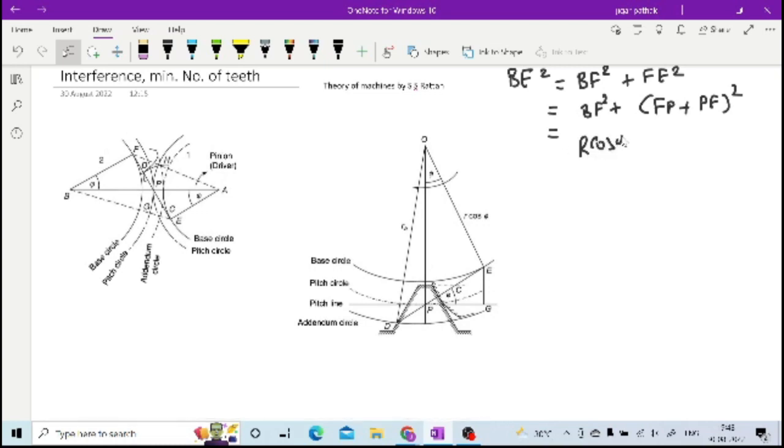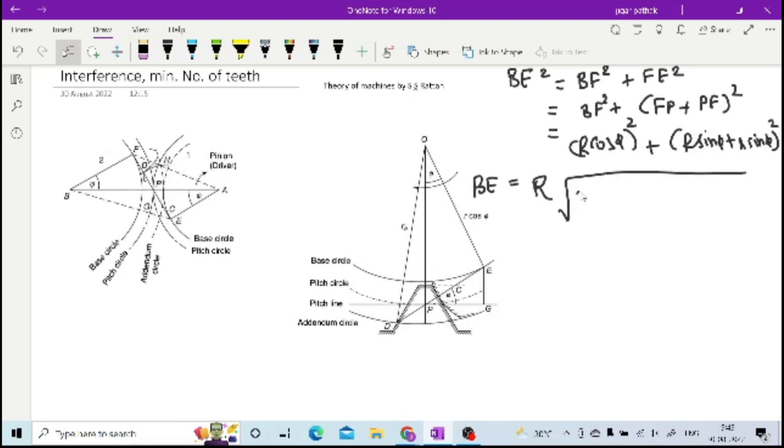So here it is R cos phi whole square plus (R sin phi plus small r sin phi) whole square, right? Once you have this, and if you simplify, then your BE can be written as R under root of 1 plus r by R, and further r by R plus 2, into sine square phi. That is your BE.